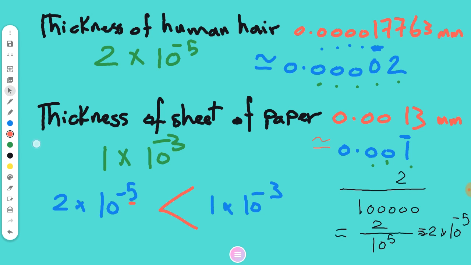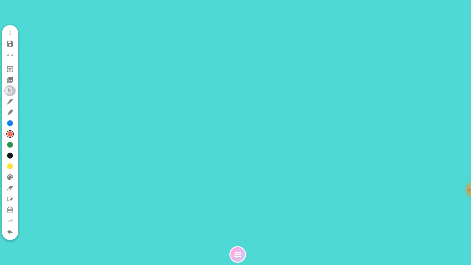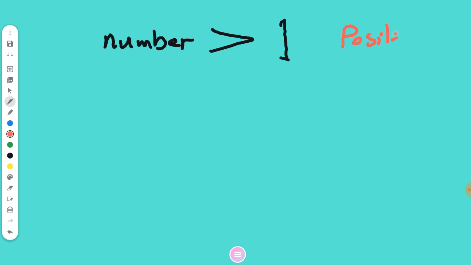So, as a conclusion, let's say it another way: if you have a number greater than 1, you always get a positive power.